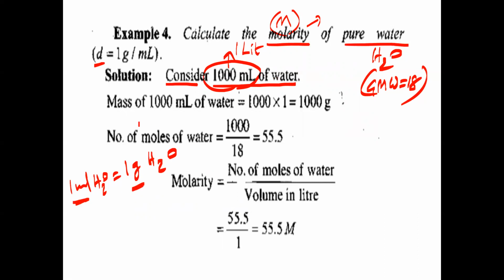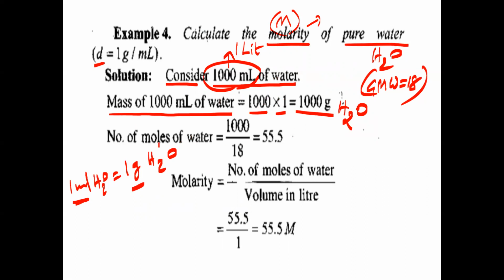Mass is volume in ml into density, so 1000 into 1, 1000 grams of H2O.